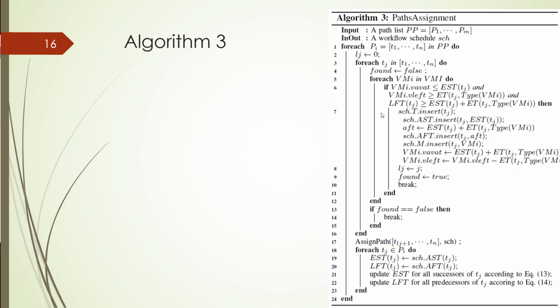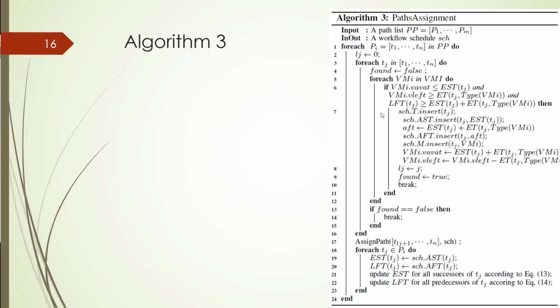And then for each Tj that belongs to the Pi, we will put the scheduled AST of Tij in the EST of Tij, and we will use the scheduled AFT of Tij as the LFT of Tij.